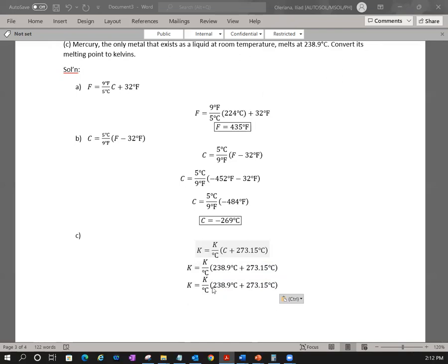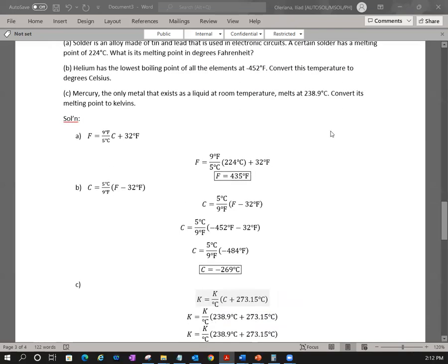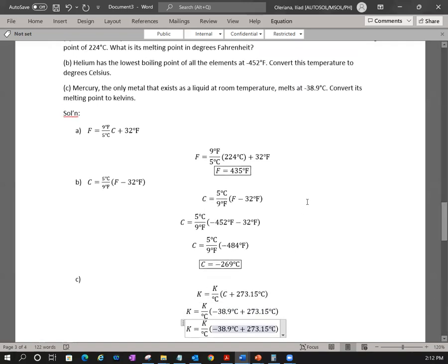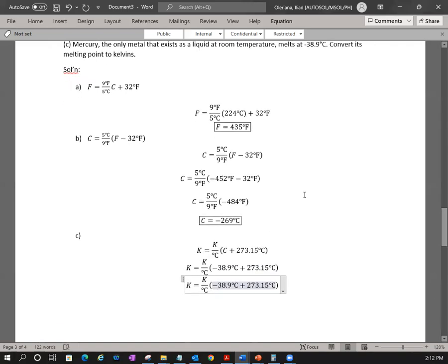Wait lang. Hindi pala siya, I'm so sorry. The given here should not supposedly, this should be negative. I'm so sorry. So, palitan natin to ng negative. Okay, so sorry sa pag-copy. Mali.